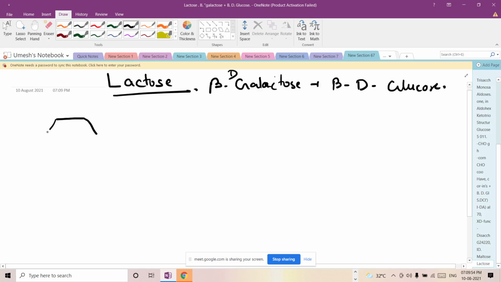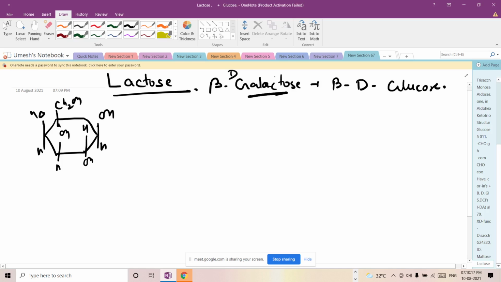This is the first galactose. Beta means the OH will be up here. And the fourth carbon atom also, the OH is up. The difference between the glucose and the galactose is that in galactose, C3 and C4, both the OH groups are on the upper side.